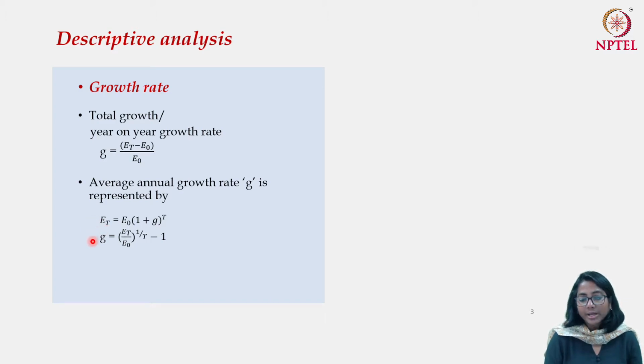From this equation you can derive the expression for G, and that is going to be (E_T divided by E naught) to the power 1 by T, minus 1.